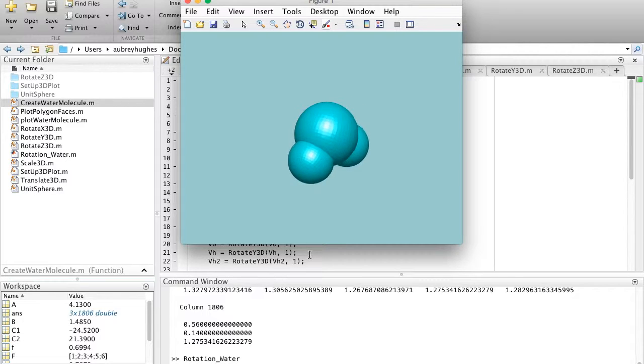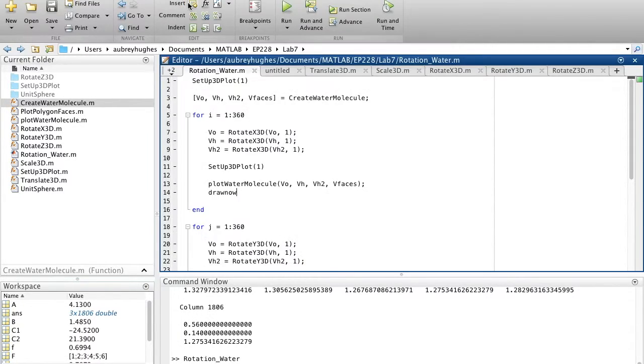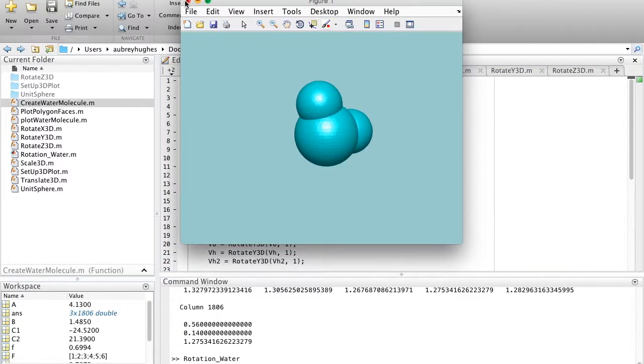So slow. And finally, the z-axis. So it will go all the way around, except it's still running, so I guess we'll watch it.